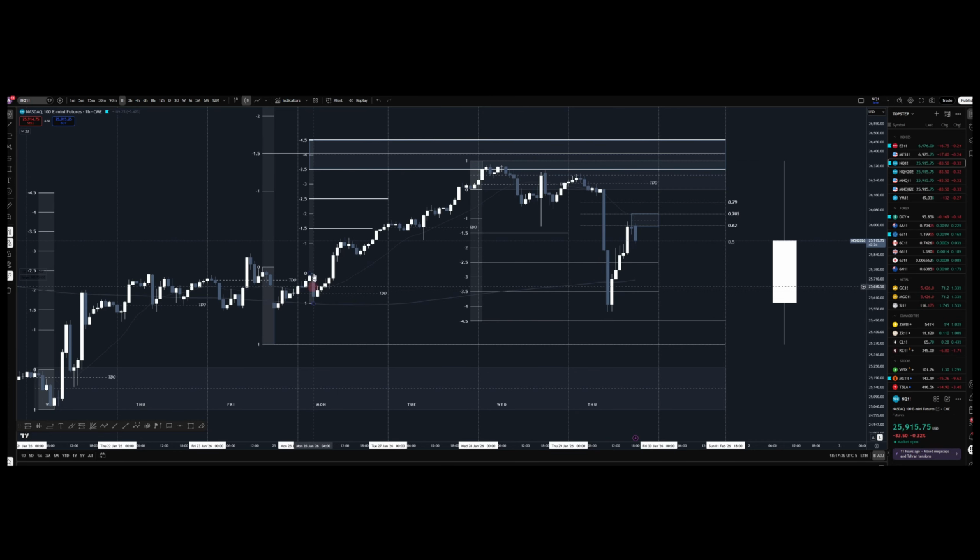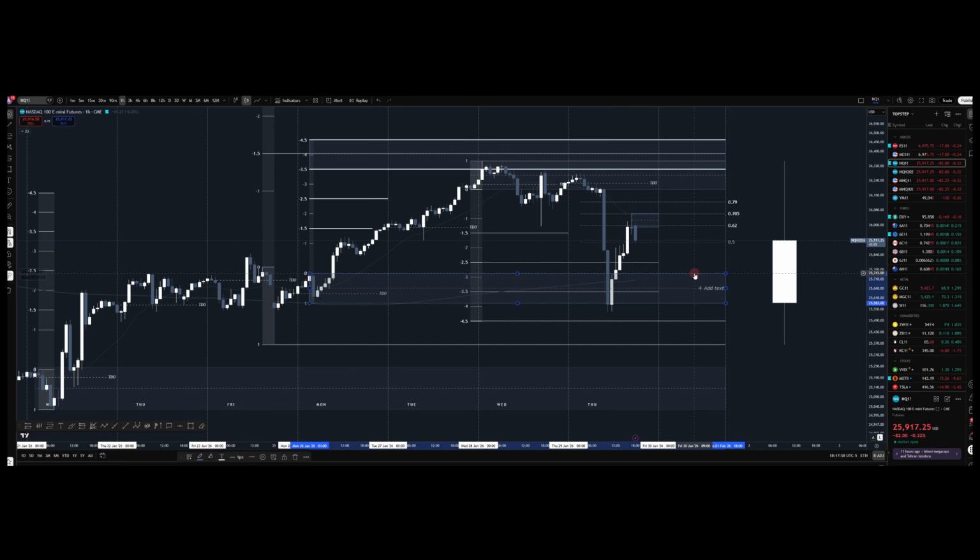So we've come up on our 1 hour chart. From our Monday manipulation below true day open here, we get a break here. We can put that on as our zone 2, which we've come through and swept there.